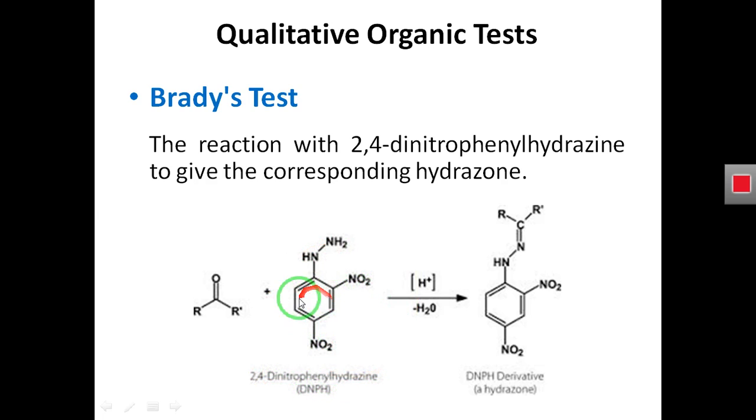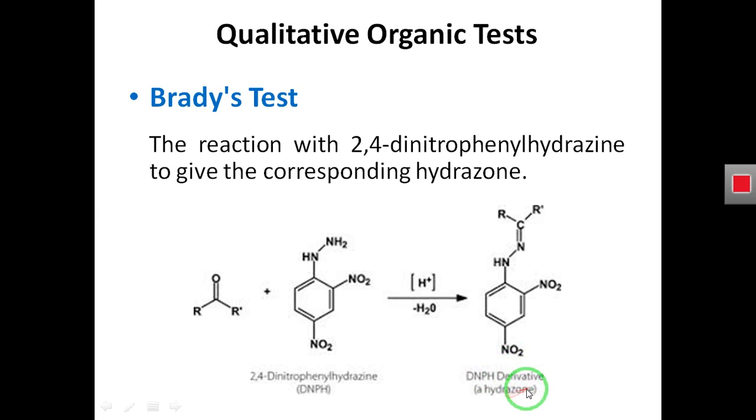And when this 2,4-dinitrophenyl hydrazine reacts with the ketone, it will form another derivative of this molecule, that will be dinitrophenyl hydrazone.